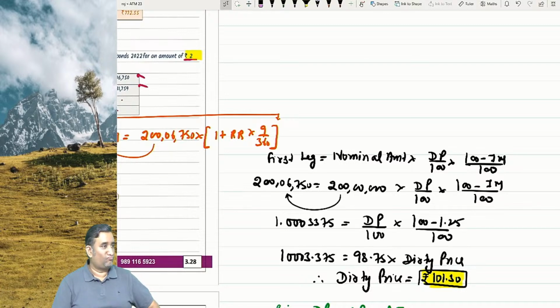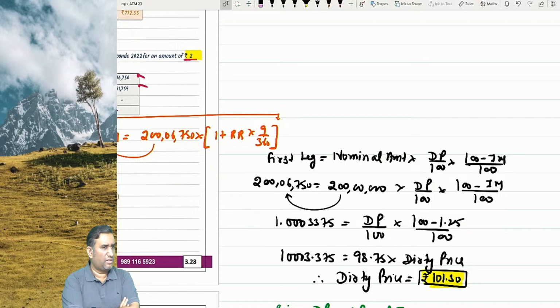Check once. First leg is equal to nominal amount into dirty price by 100, where dirty price is 101 point.